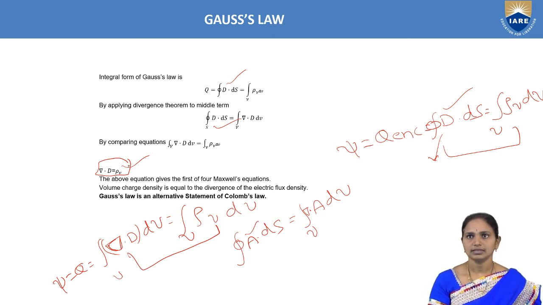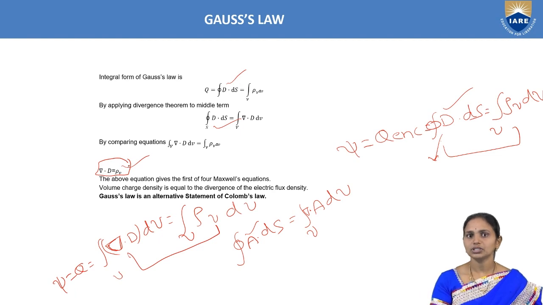Here Gauss law tells us the relation between flux and charge. The total flux enclosed by the surface is always equal to the charge enclosed. To get the charge enclosed, we are taking the volume charge case, and to get the flux, we are taking the help of flux density. Initially, we have one surface integral and one volume integral.